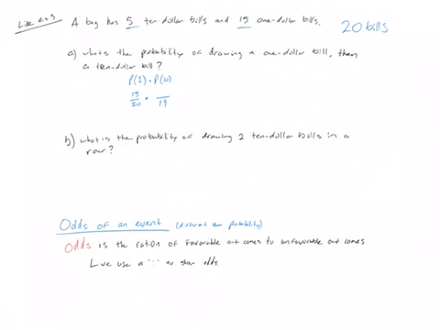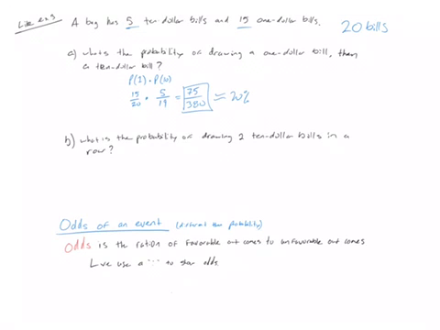There's still 5 $10 bills because I pulled a $1 out, so I still have 5, but now it's over 19 instead of out of 20. So just multiply the numerators, multiply the denominators, and you will get 75 over 380. Now if you divide those, you get 0.1973 something. So this is approximately a 20% chance. So it's not great, but it's not too bad.